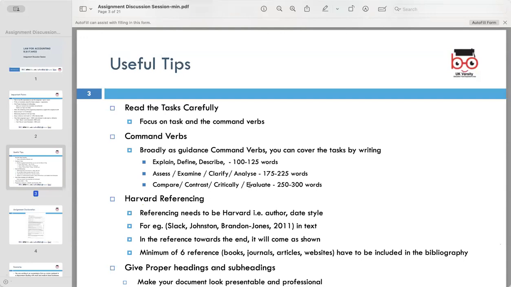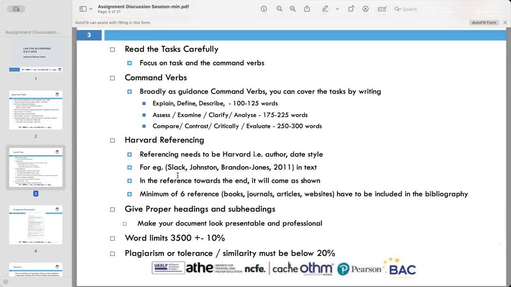Again, he's talking about the Harvard reference system. I just said referencing needs to be Harvard, for example, author, date style. Hanesh, can you see this? Yes. So this is the way we use the Harvard reference system: the writer's name and date in the text. The reference list then comes at the end.